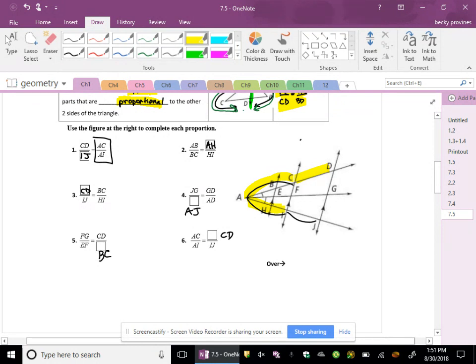You can see here, we're missing this little piece, and I did it in green so you could tell. I'm missing segment IJ. So notice I put IJ in the little blank. So that's what we're doing for this section.